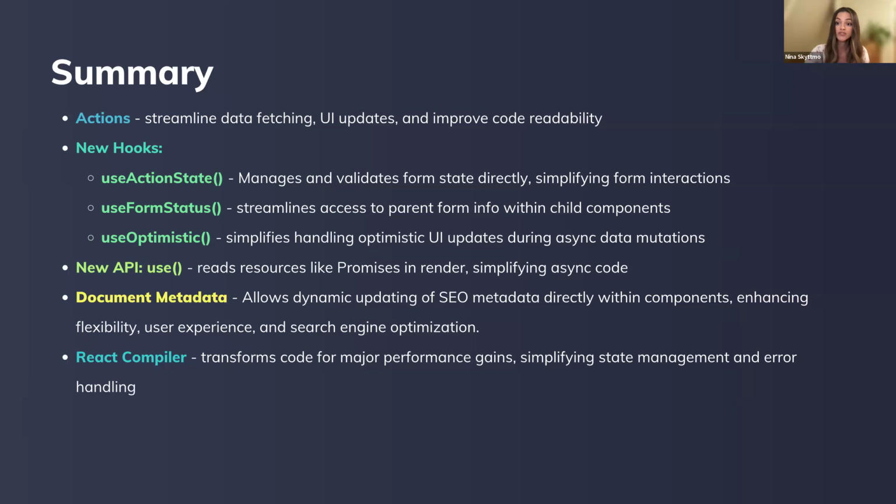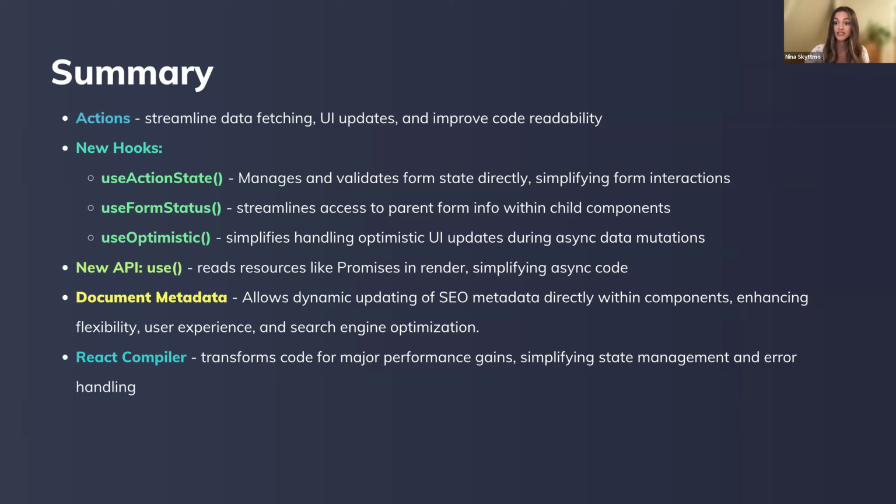So to summarize what we talked about tonight, we talked about several key enhancements in React that offer greater code clarity and more streamlined operations. Key updates include actions and new hooks. We enhance UI and data interactions across the board, with new hooks simplifying form handling and supporting optimistic updates for asynchronous tasks. We also covered the new API use.